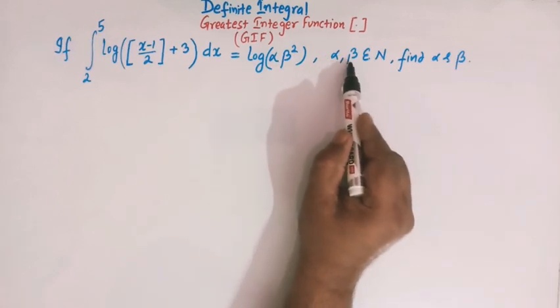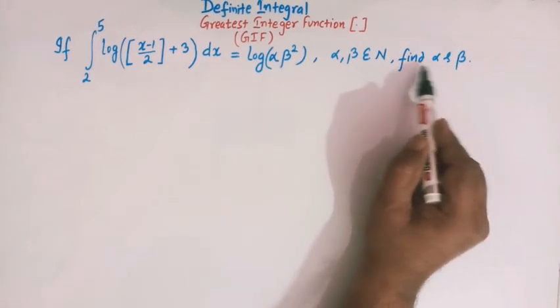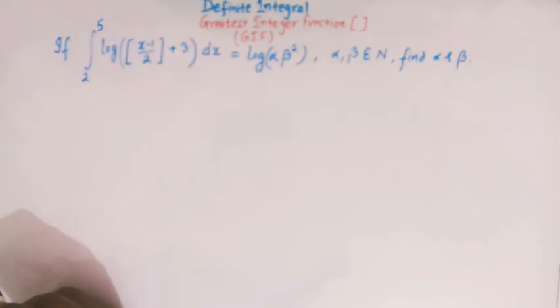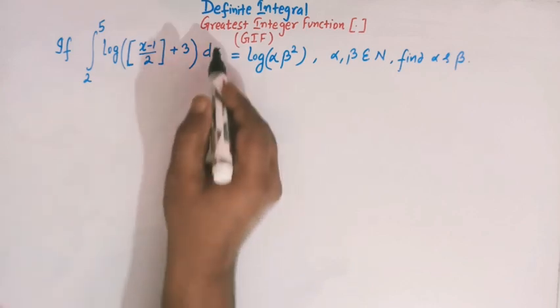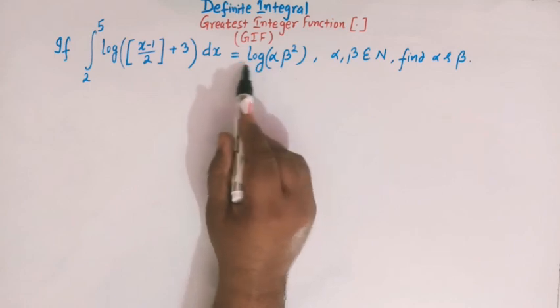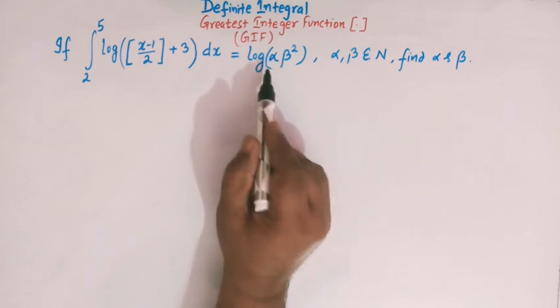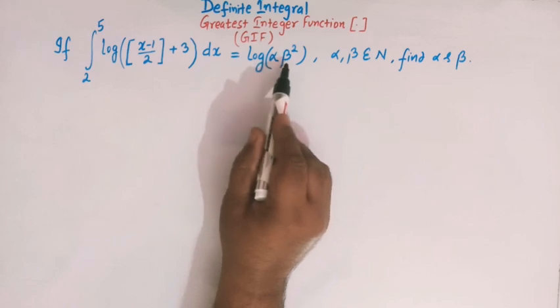Alpha and beta belong to the set of natural numbers, and we have to find the value of alpha and beta. So what we will do here is solve this integral, find its value, and then compare the result with this expression, and by the method of comparison we can find alpha and beta.